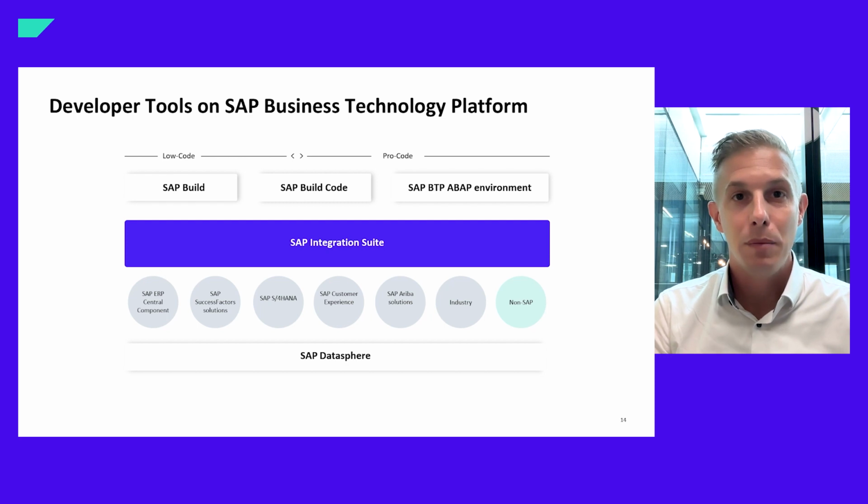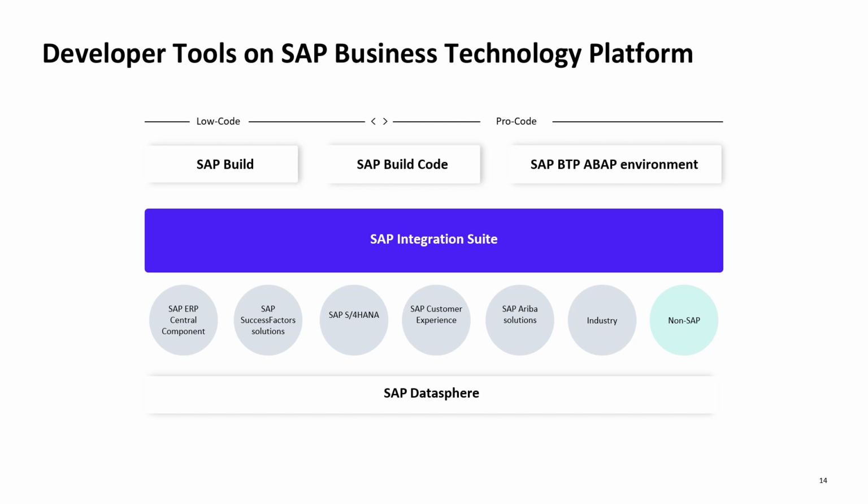And that is SAP Build Code, which is our code-first tooling for building extensions in Java and JavaScript against BTP and also a heterogeneous system landscape and our cloud ERPs. And then for our ABAP users, we also have in the cloud on top of BTP our ABAP environment, giving the classical ABAP functionalities.